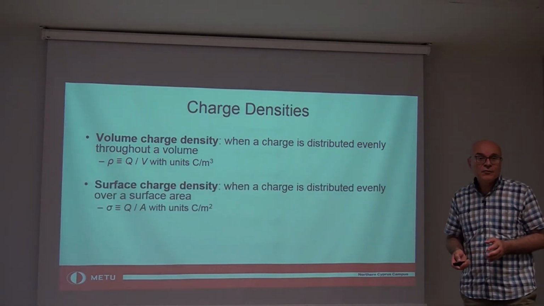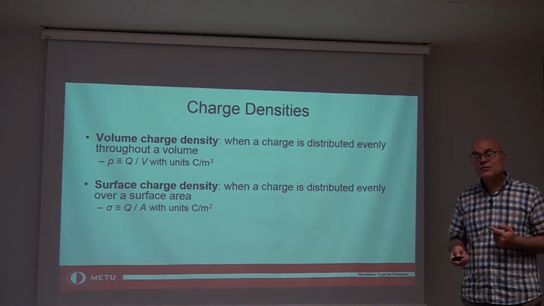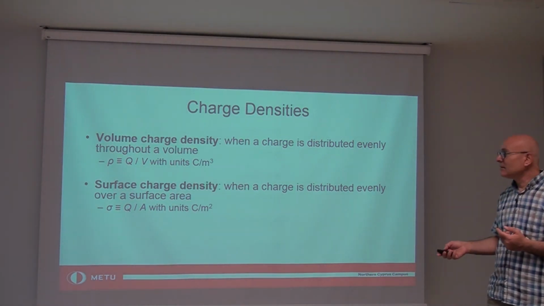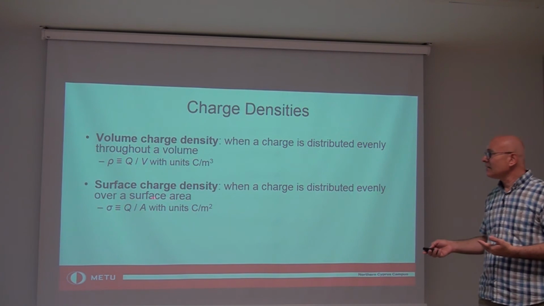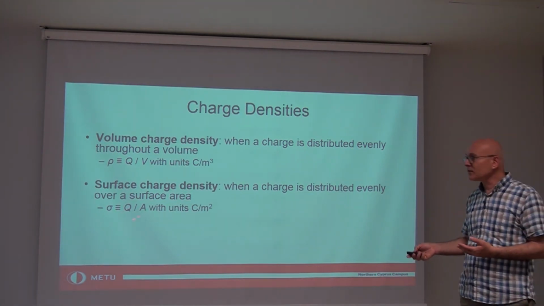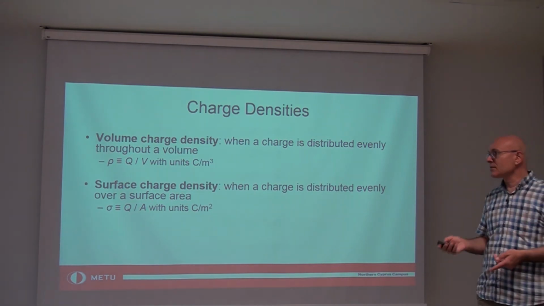Now, if your charge is distributed over a surface, then in this case we use sigma to refer to the charge density, again evenly distributed over a surface. This sigma is defined as the total charge divided by the total surface over which the charge is distributed.